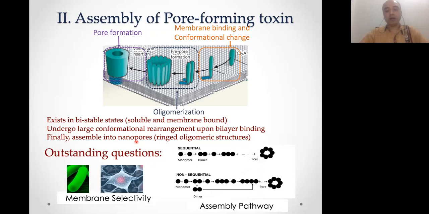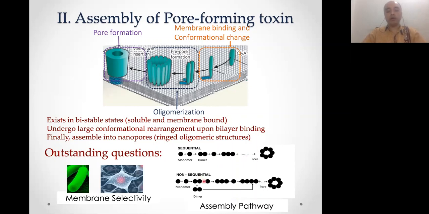And the question that people have been asking themselves is, of course, how do they assemble? What's the best way to assemble these kinds of higher order structures? Because if you do sequential assembly of many of these pores, you will create a pore nicely, but it takes a lot of time to do this.